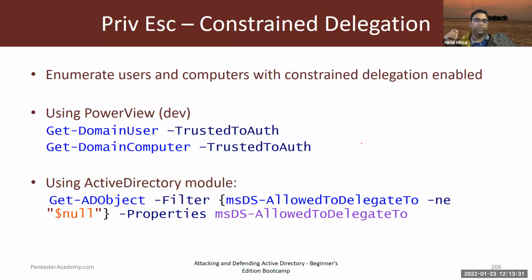So first, we will enumerate any users or computers that have constrained delegation enabled. We can use Get-DomainUser or Get-DomainComputer with -TrustedToAuth from PowerView, or simply Get-ADObject from the Active Directory module. So let's first run that.